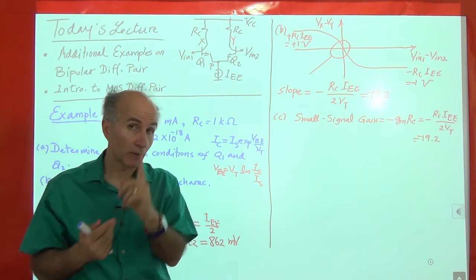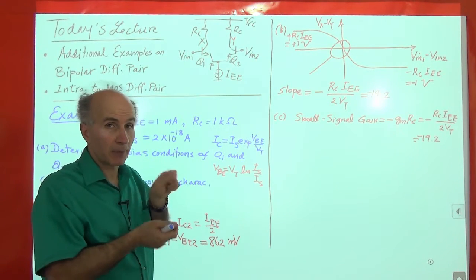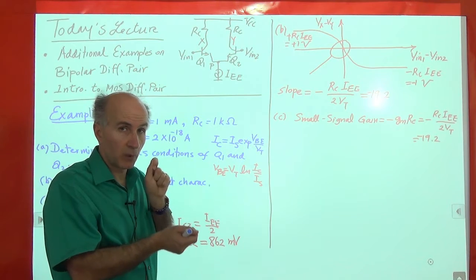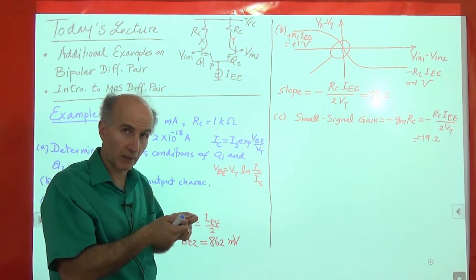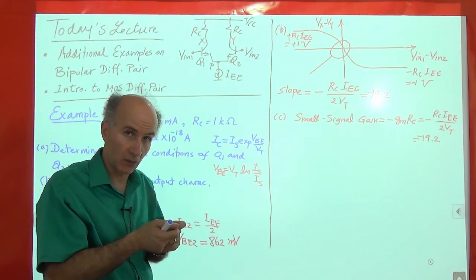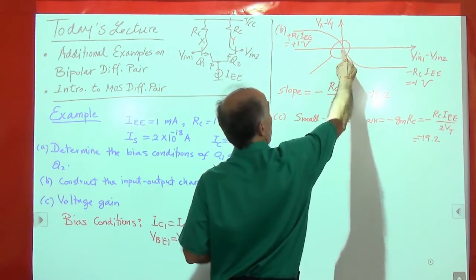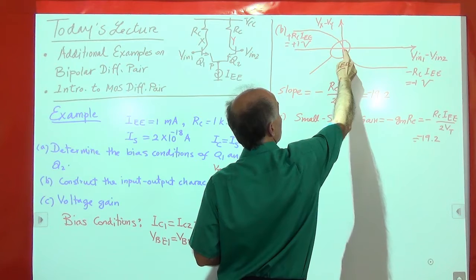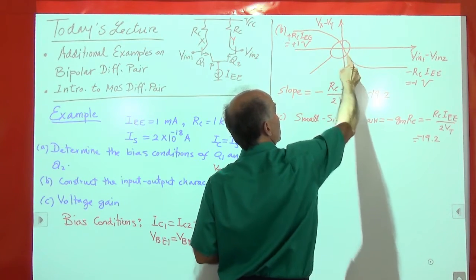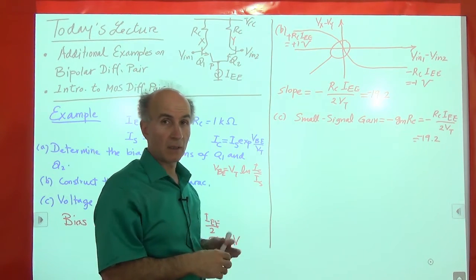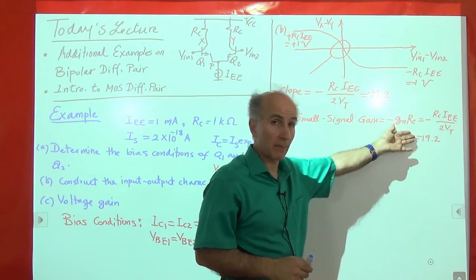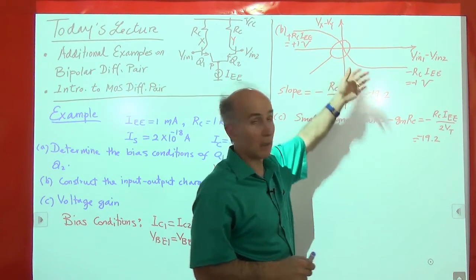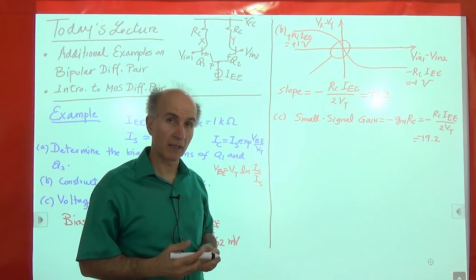All right, provided that when I apply an input signal between V in 1 and V in 2, so as V in 1 and V in 2 go up and down differentially, it's a small change so that we are going up and down around here. So we are in the linear regime of this characteristic. So our approximations are valid, and then this small signal number or this slope around here gives us the voltage gain.